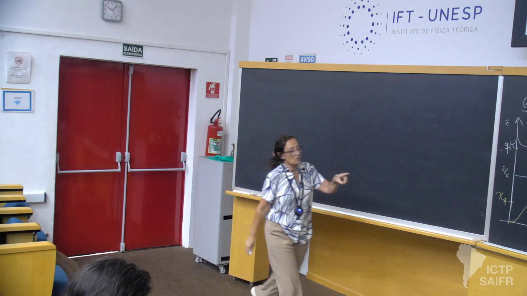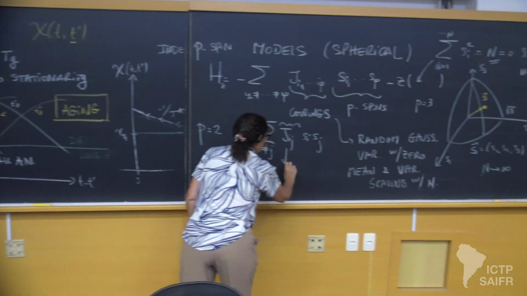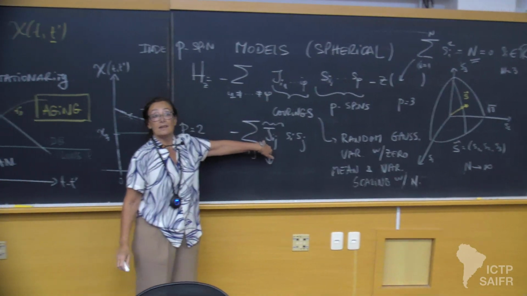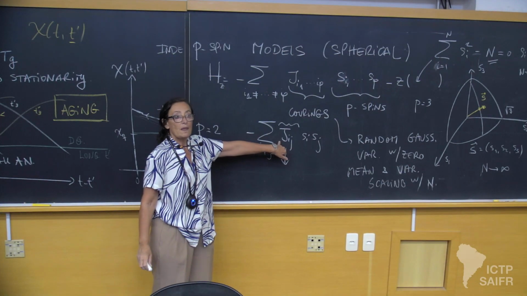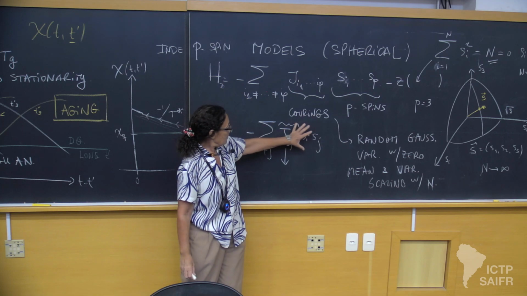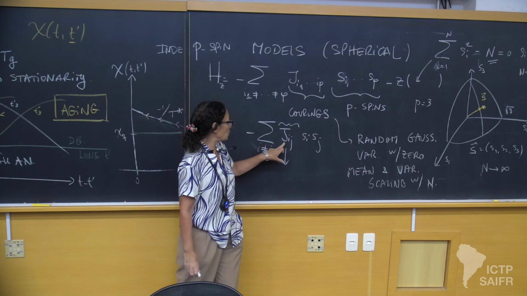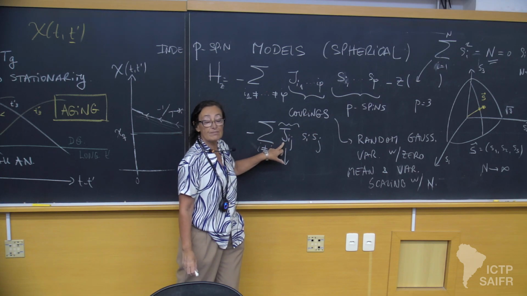If you have p equals 2, you have here coupling constants, and this term is quadratic, right? So you can diagonalize this term if you go to the basis of eigenvectors of this matrix.